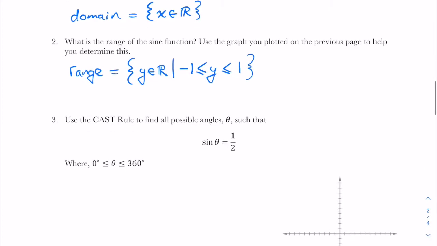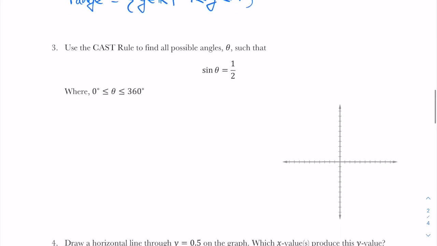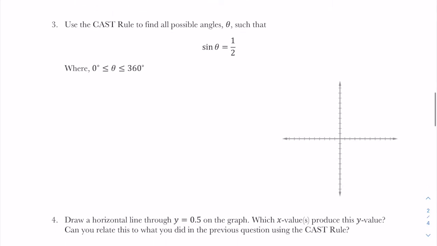Okay, in part 3, we're going to relate what we just did to the cast rule from the previous unit. First things first, let's use our cast rule to find all possible angles such that the sine of theta equals a half, where theta is between 0 and 360 degrees. So let's review what we did last unit.